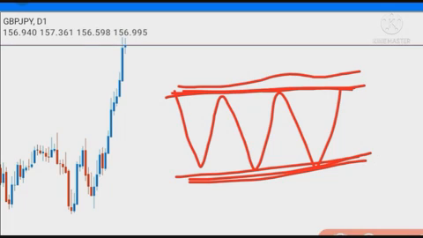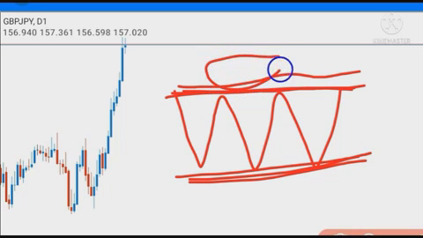Now, when you see something like this on your chart, equal highs, equal lows, what do you think is resting above this place? It's liquidity. What is resting below this place is liquidity.